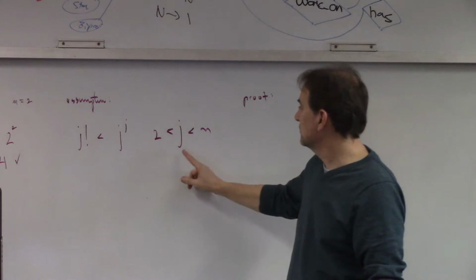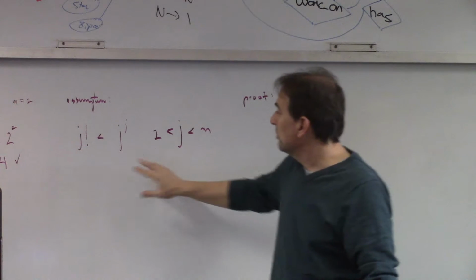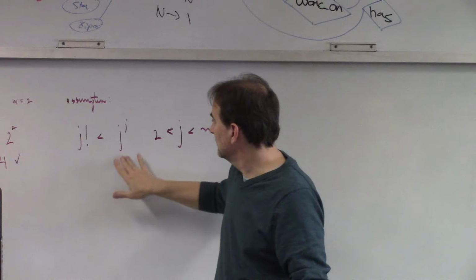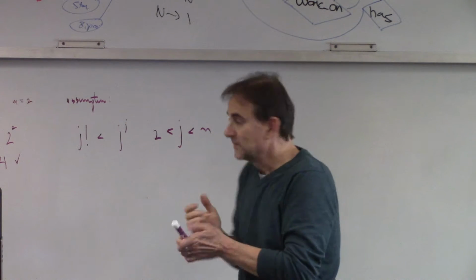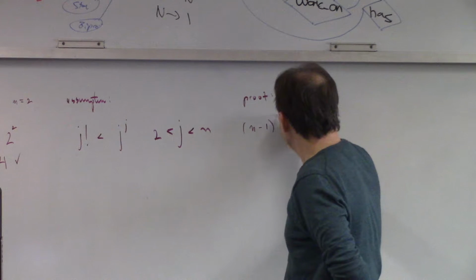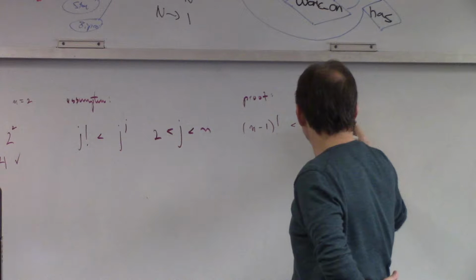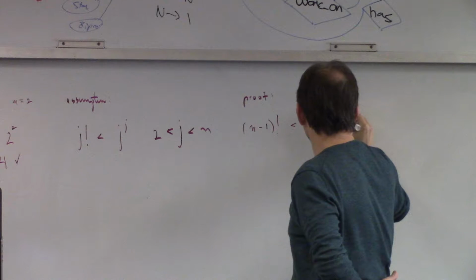The maximum value for j is n minus 1. So we will plug in n minus 1 for every occurrence of j. That gives us n minus 1 factorial is less than n minus 1 to the power of n minus 1.